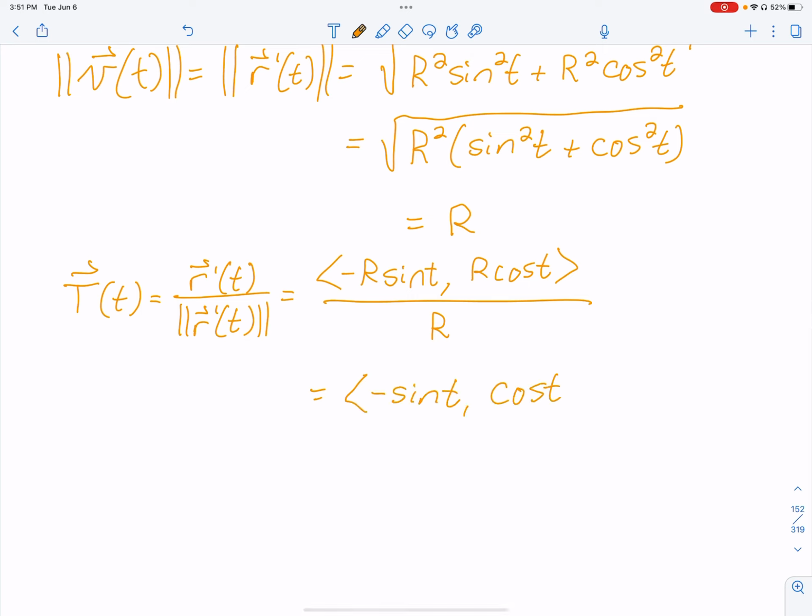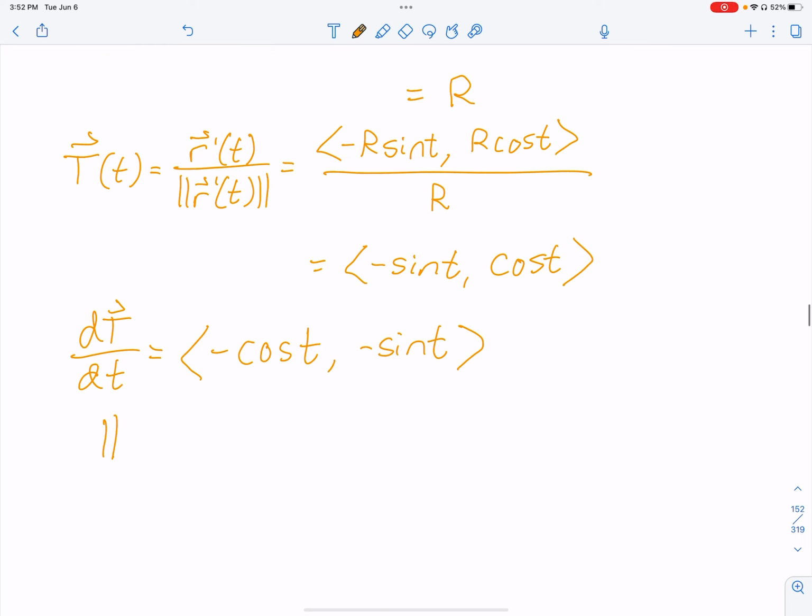Those R's cancel. For our formula, we're also going to need its derivative, dT with respect to t. It's not a constant this time. The derivative of negative sine t is negative cosine t, and the derivative of cosine t is negative sine t. And then in our definition, we want its magnitude, so we need to take the magnitude of that.